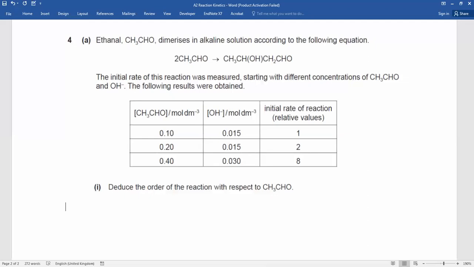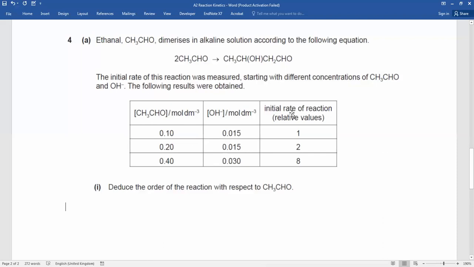The question is provided us with 3 different experiments. One thing that you have to observe here is, sir, the initial rate is given for all of them. There are 3 experimental variations that we have done in this question specifically, and for all 3 the initial rate is given.